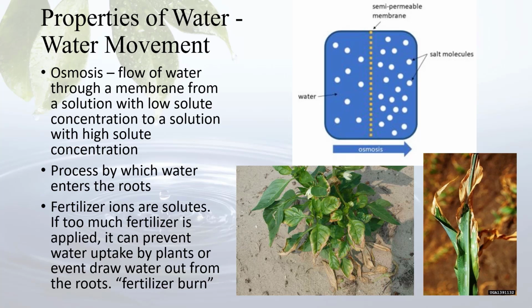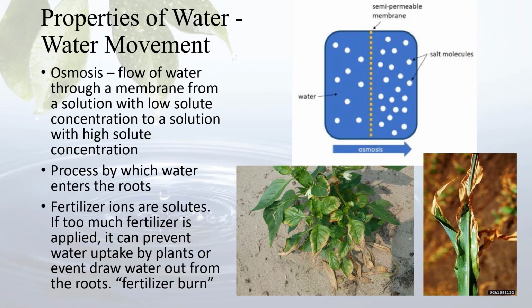But what this also means is that if we have too much fertilizer ions, too many mineral elements in our soil, it can prevent this process, because we could have a buildup here. Think of our soil water over here, and this is the water in our plants.